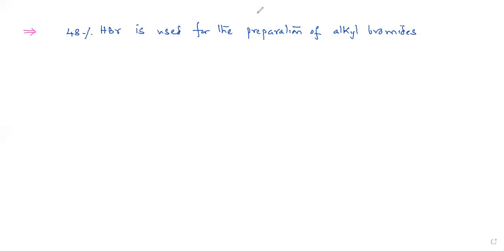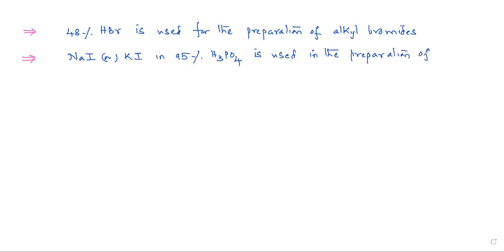Then, in the preparation of alkyl iodide, sodium iodide or potassium iodide in about 95% phosphoric acid is used in the preparation of alkyl iodides. Okay. Next.